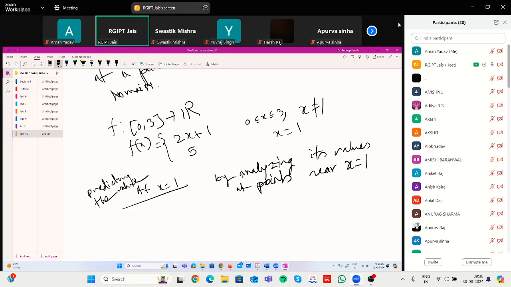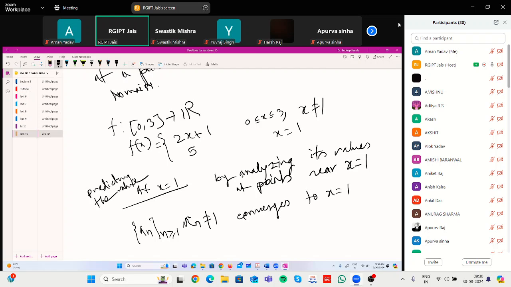So for that, you have already studied sequence, right? So suppose you have to find what is happening nearby x equals to 1 point. Okay. So suppose a_n, and a_n should be not equals to 1, converges to x equals to 1.